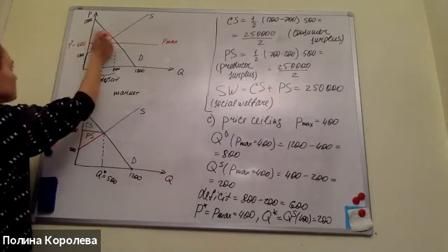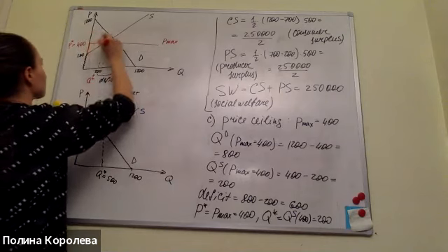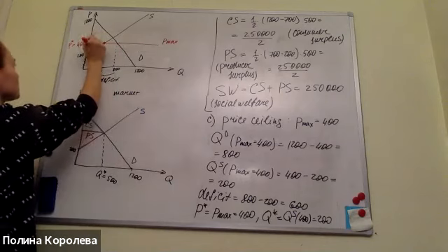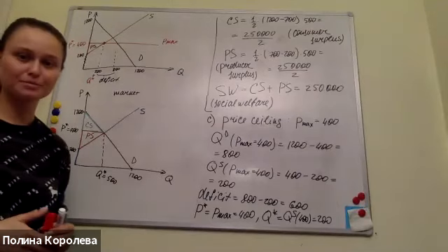So the area under P star and above the inverse supply function. So this is producer surplus. So we will have 1/2 times 400 minus 200 times 200. Yes, exactly.